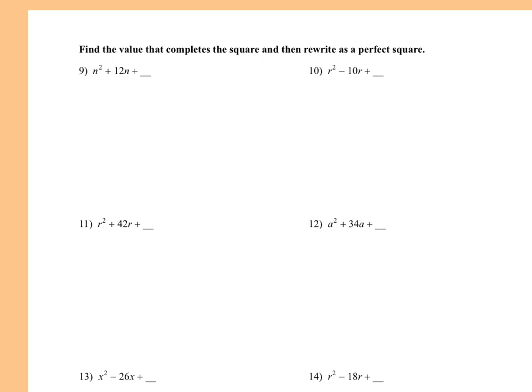So I'm going to say C, I'm going to look at the 12 again, right? So C is going to equal 12 divided by 2 squared, which is 6 squared or 36. And then they want me to write it as a perfect trinomial. So that's when I'm going to write x plus, and then whatever number I'm squaring goes in here.